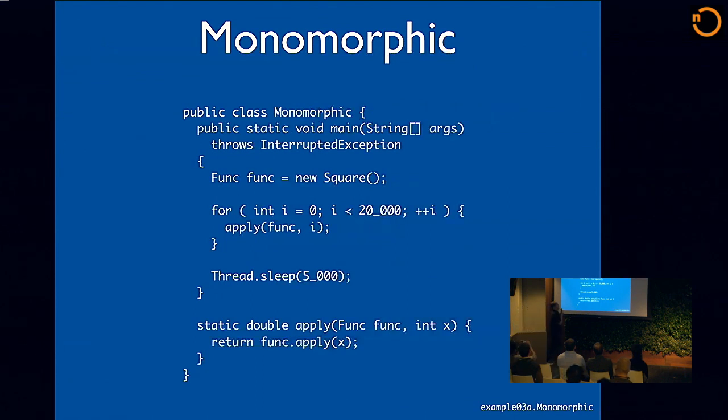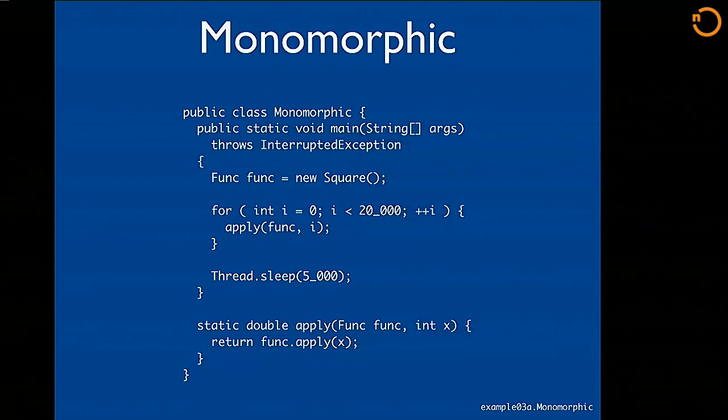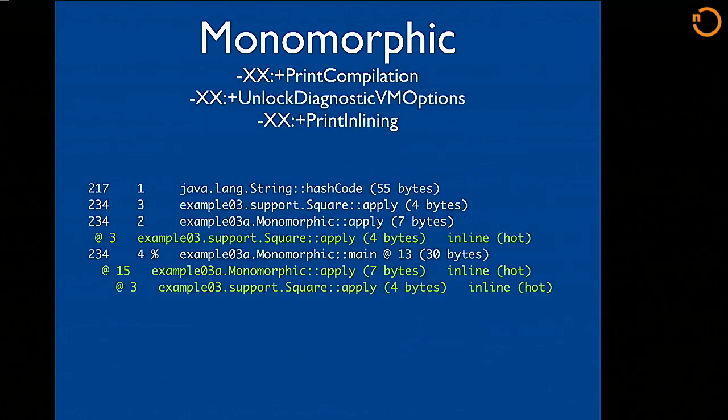Let's look at one case. I have my square, and I compiled this loop by running it 20,000 times and then sleeping. I can ask the VM to tell me what it inlined. I can run print compilation with a flag called unlock diagnostic VM options, which lets me use a whole bunch of other things, and print inlining.